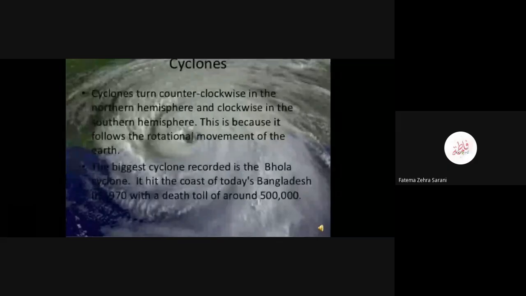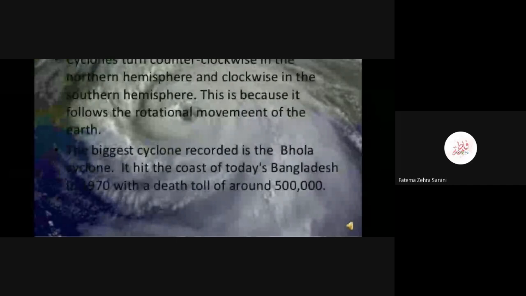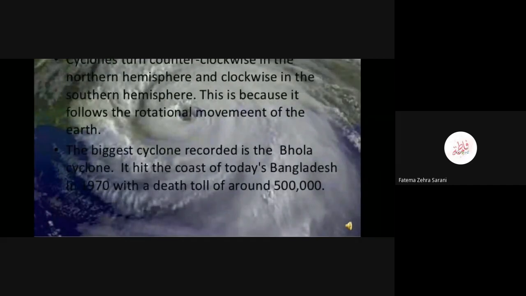It is the polar cyclone. It hit the coast of today's Bangladesh with a very high death toll. Okay, how much?